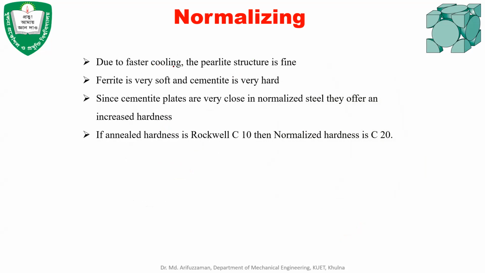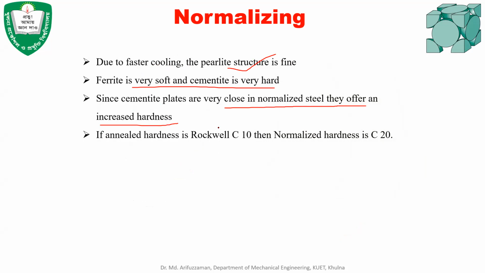And due to faster cooling, the pearlite that forms is fine, with a very small particle size. Ferrite is very soft and cementite is very hard. Since the cementite plates are very close together in normalized steel, they offer increased hardness.